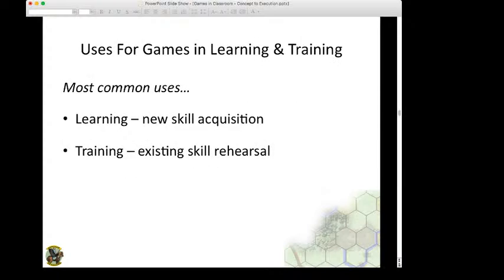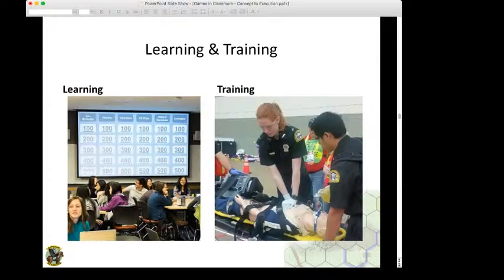So our most common uses that we're looking at are those learning and training pieces that we talked about earlier on. An example of a difference between learning and training is the learning with the quiz show that's set up right there in the class, right? We're learning different parts of physiology.